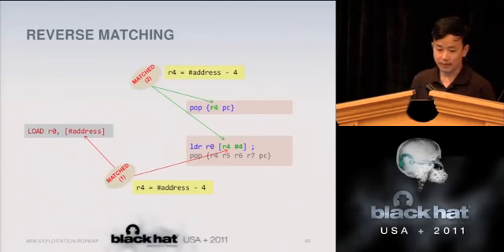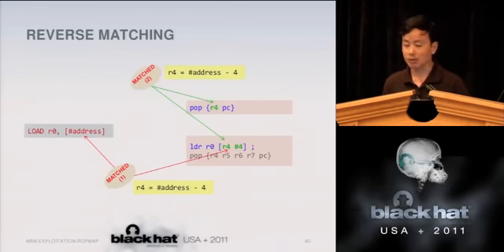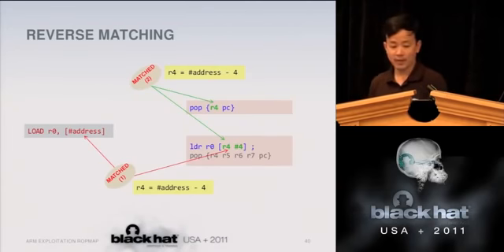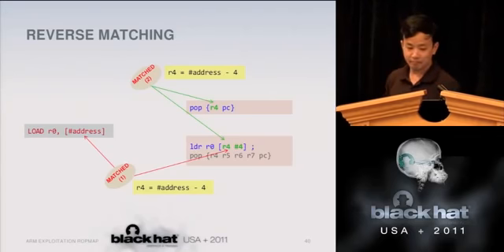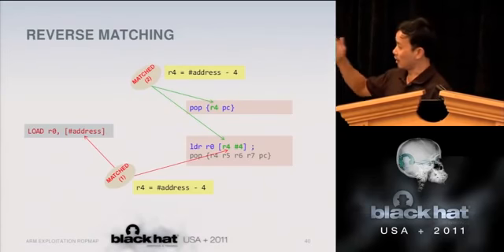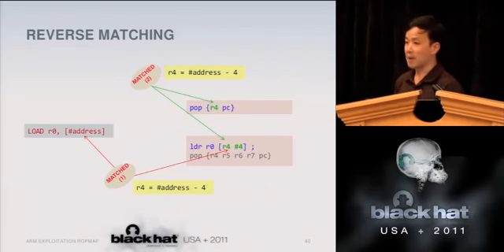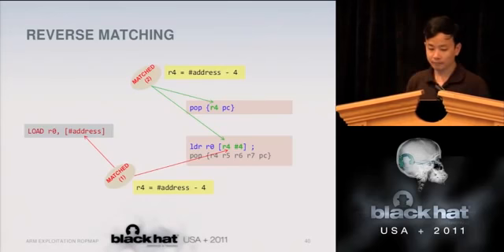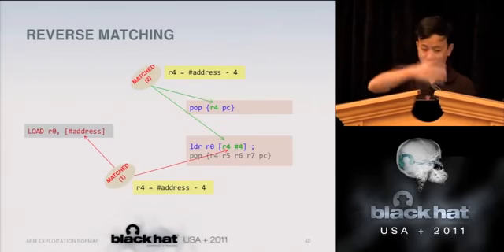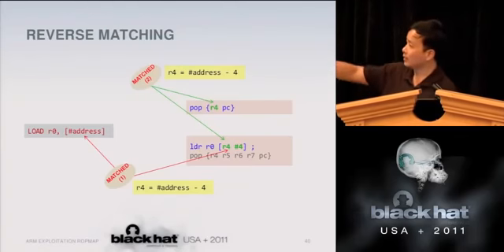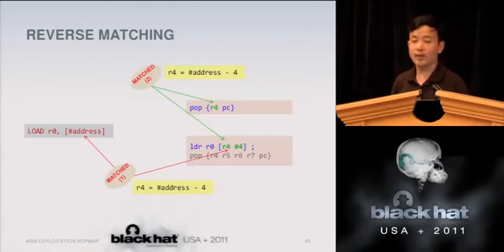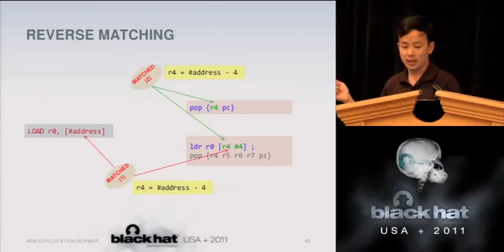First, we do the revert matching. For example, if you want to load register R0 from the memory pointed to by an address, you find the chain pop R4 and then load R0 from R4 plus 4. So you do the reverse from the last instruction back. The address must be matched with R4 plus 4.